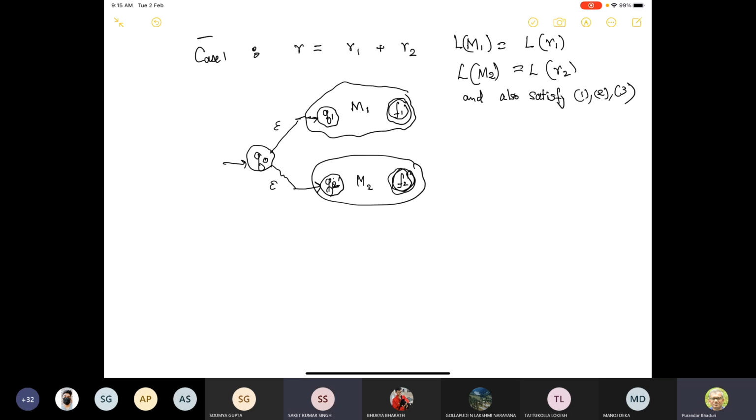We need one final state. Yes, we need one final state for the inductive proof to go through, right? Because this NFA will be used in a bigger proof, right? Because we are working by structural induction. So what we have to do is to add a new final state.